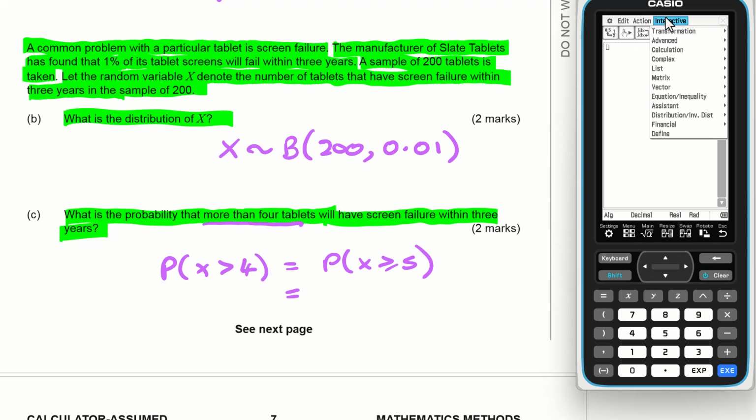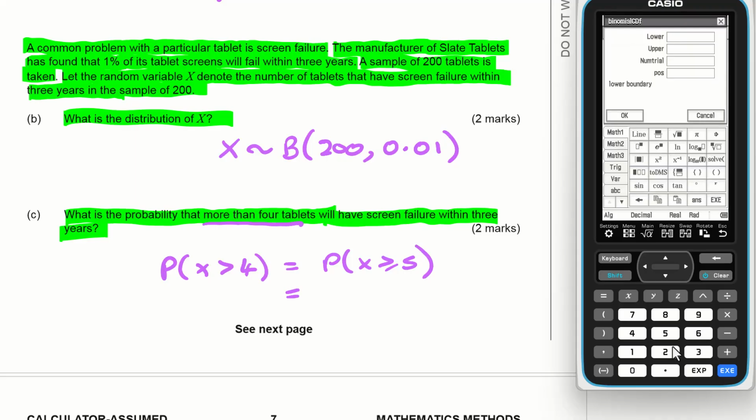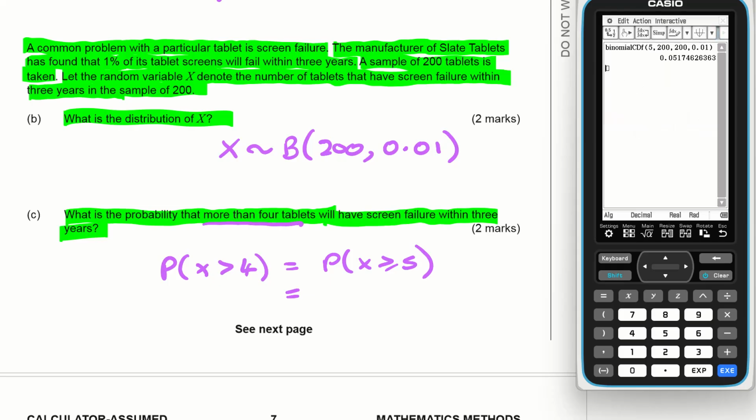It's just going to be a binomial CDF, so discrete binomial CDF, with a lower of 5, an upper of 200, with 200 trials, probability of success 0.01, and we get 0.0517.